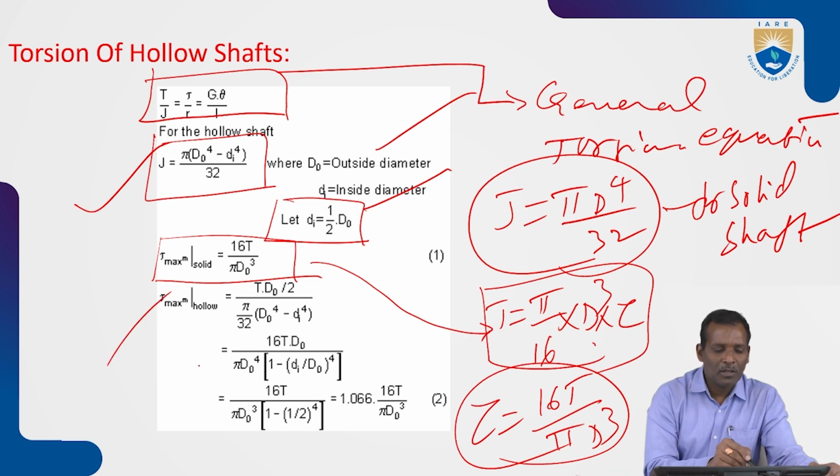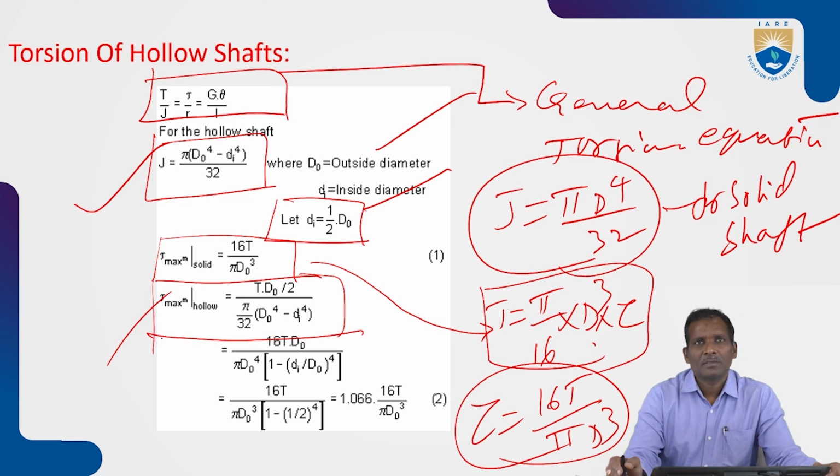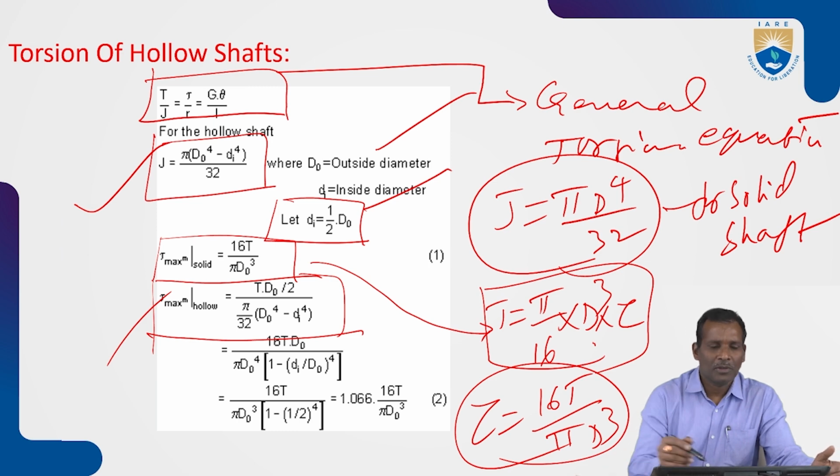But in the case of hollow shaft, tau is equal to T into d naught by 2 by pi by 32 into d naught to the power of 4 minus di to the power of 4, that is J. J is polar modulus, section modulus.